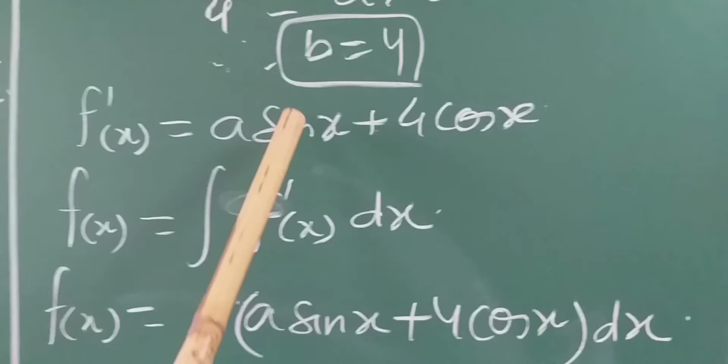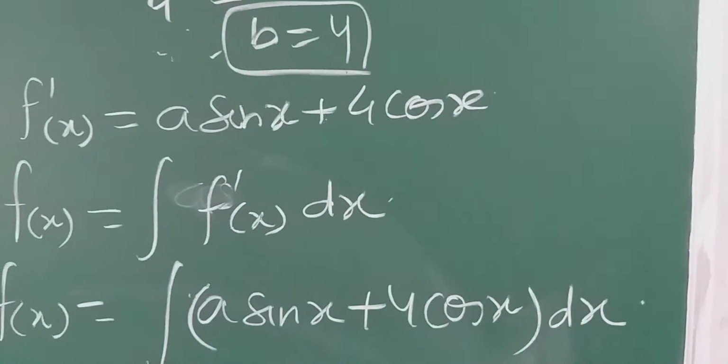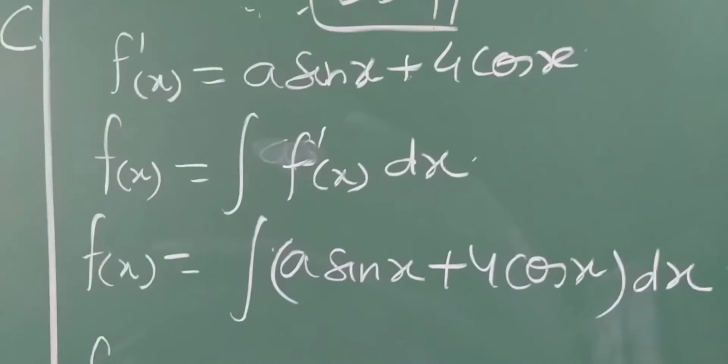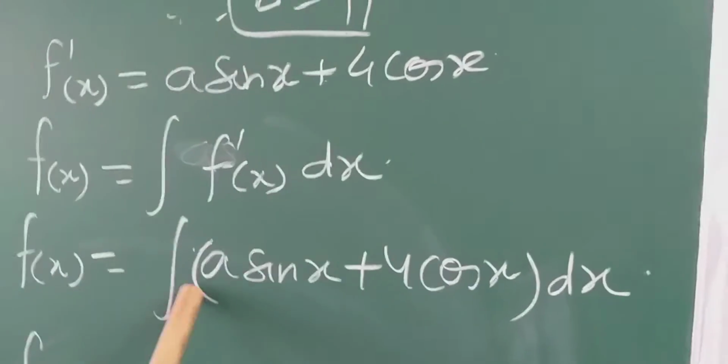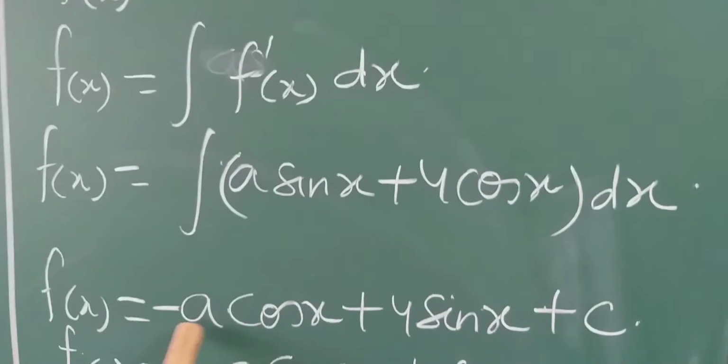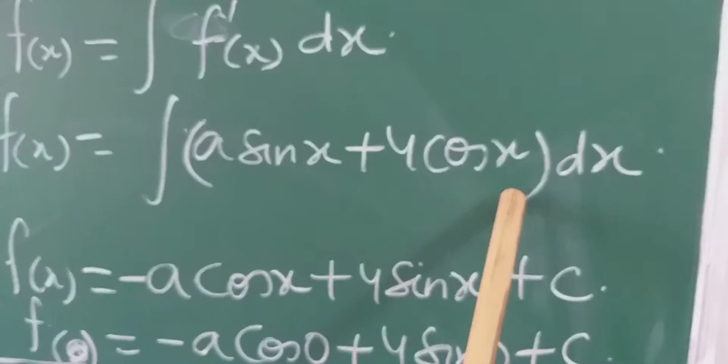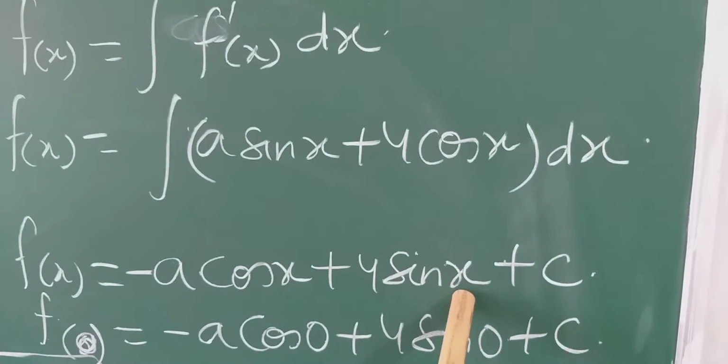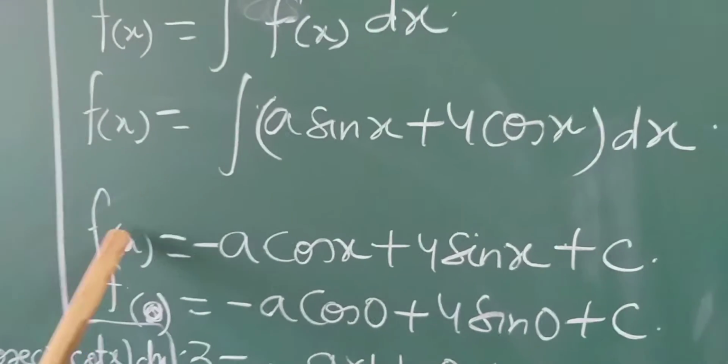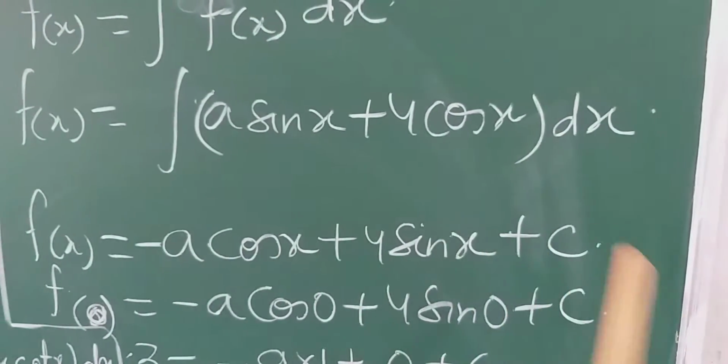So f x equals the integral of a sin x plus 4 cos x. The integration of a sin x is minus a cos x, and of 4 cos x is 4 sin x, plus c. So this is the function f x.